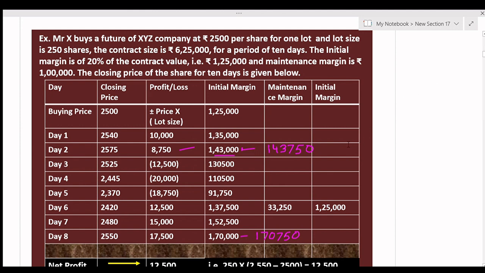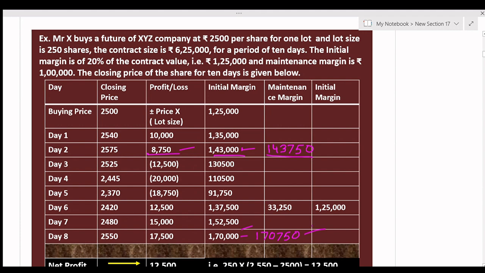In the problem, when 8,750 will be added, I have written 1,43,000 instead of 1,43,750. It will be 1,43,750, and the last balance will be 1,70,750.